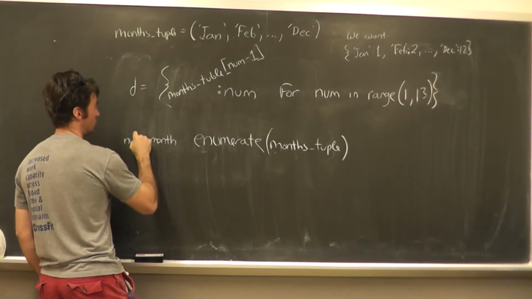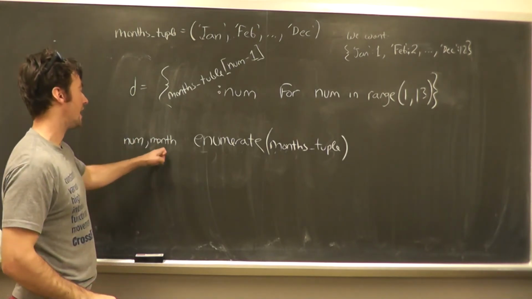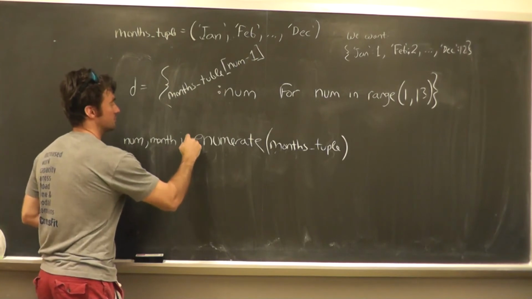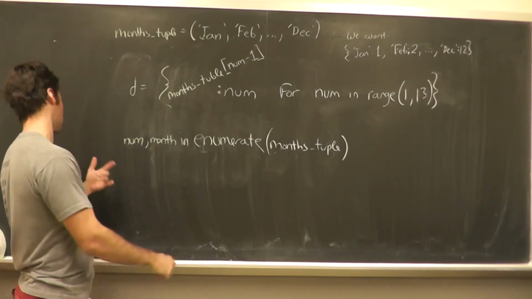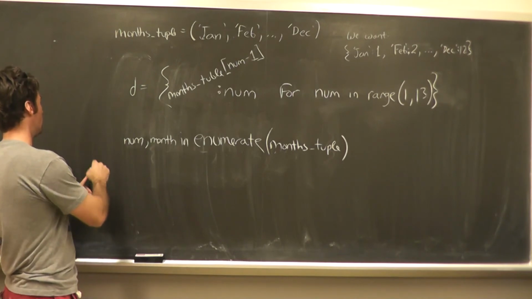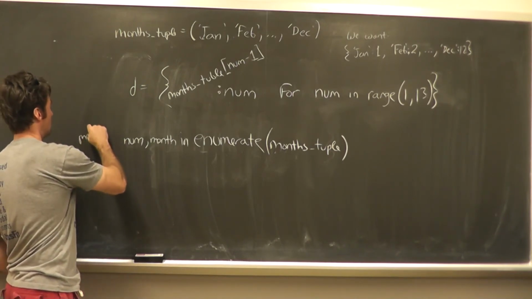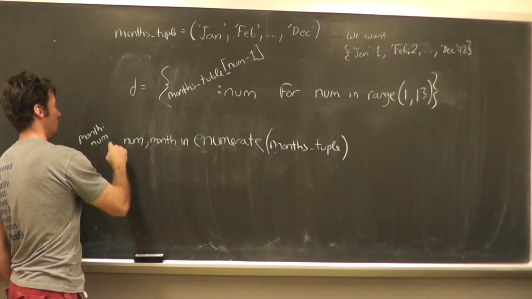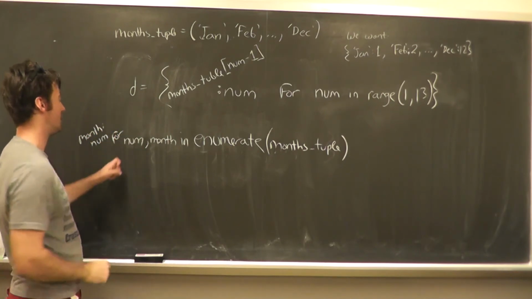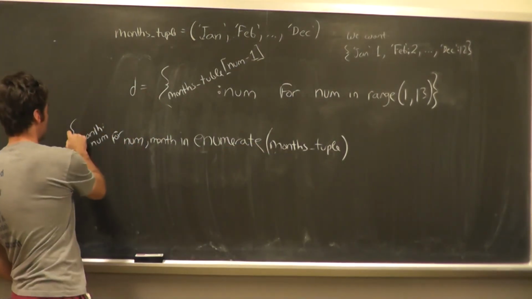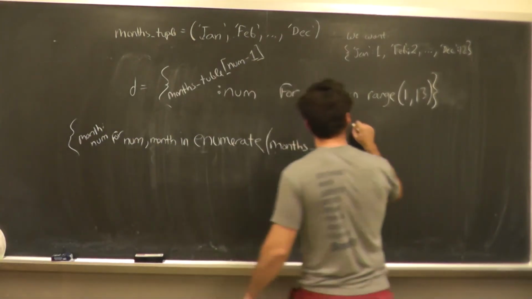So this kind of gets you the index and the piece of data in there. And this is what your comprehension is going to end up looking like. You want month colon num for num, month in enumerate months tuple, and all this in our dictionary comprehension.